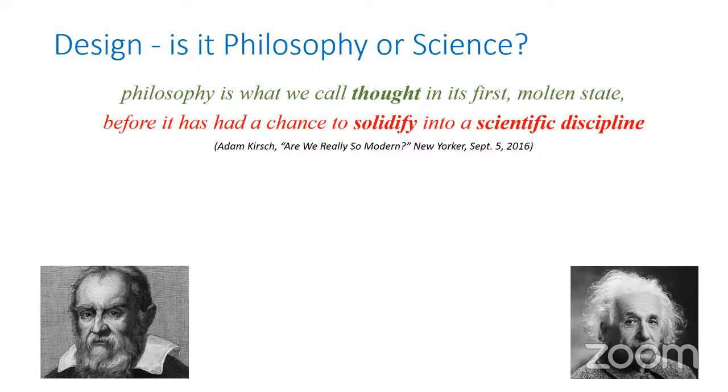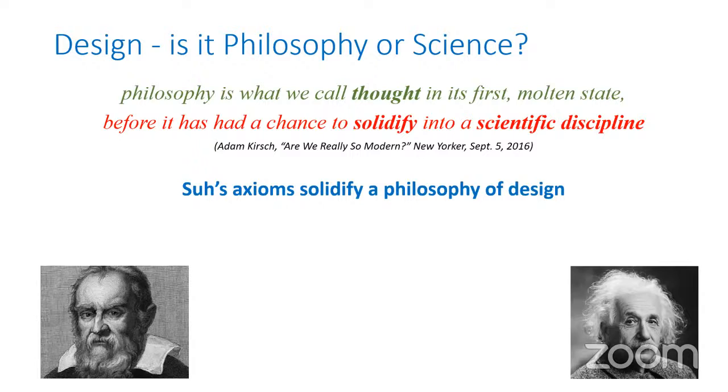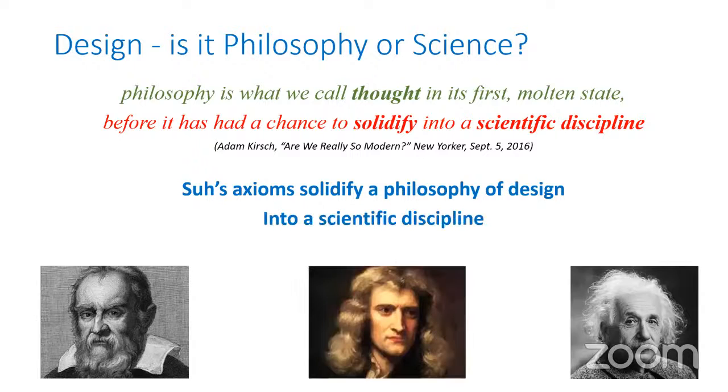It's in its molten state. So Suh's axioms, I would suggest, solidify the philosophy of design into a scientific discipline. And we can think about what Galileo, Newton, and Einstein did. Science of relativity.